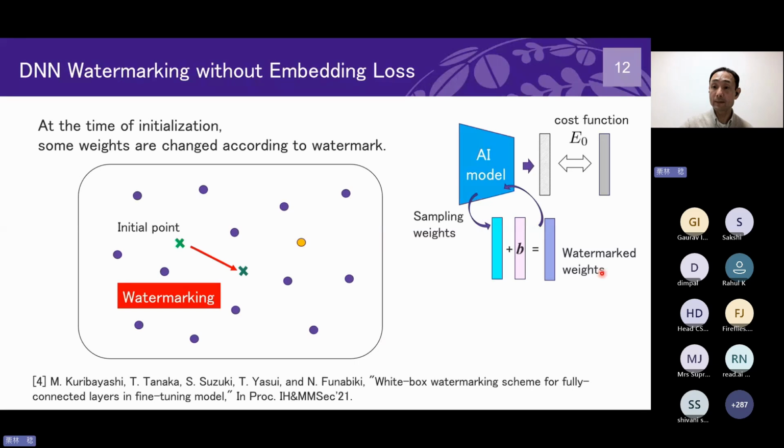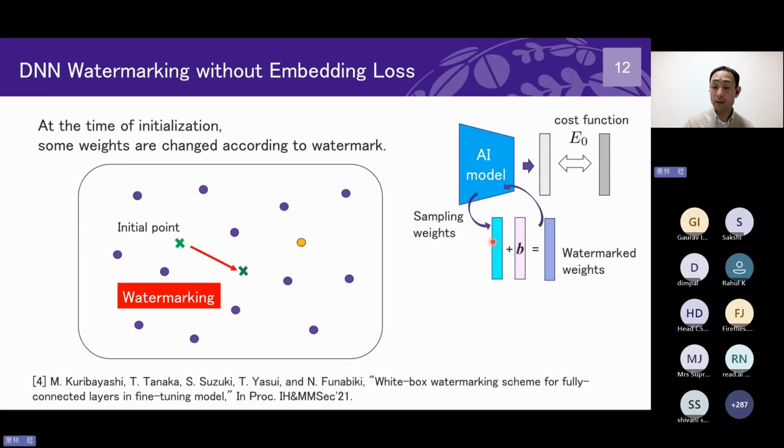But in this case, the selected weight parameters should be fixed, because for each epoch of the training phase, all of the weight parameters will be updated. So it means the watermark embedded into the selected weight parameters will be modified.